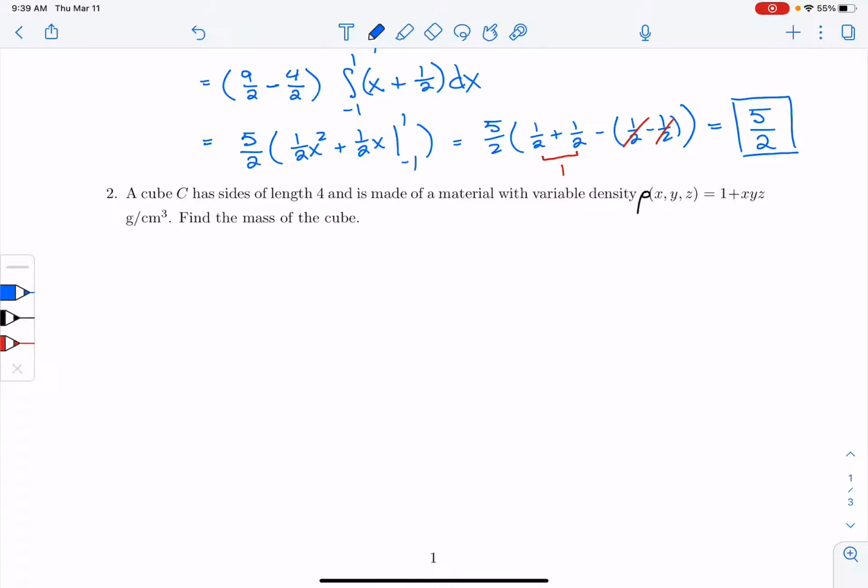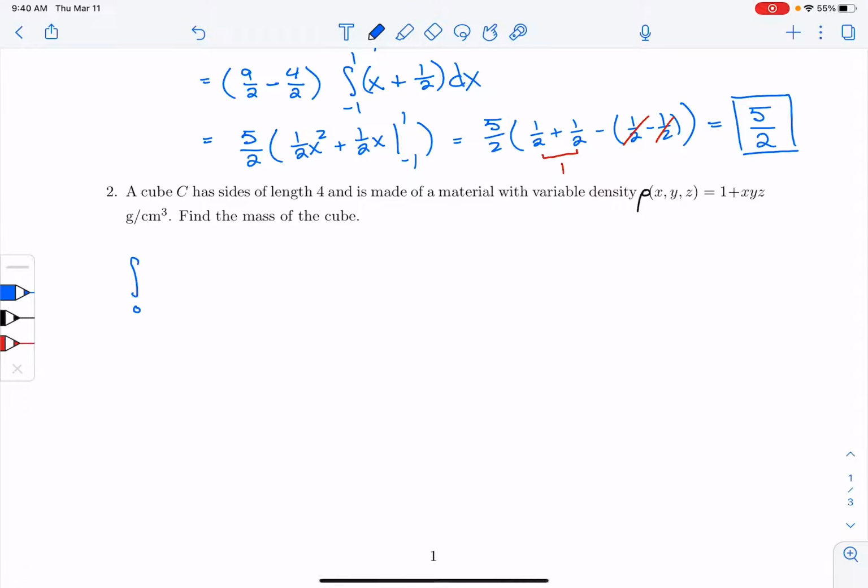So this cube has a side length of 4, so we're going to integrate from 0 to 4 in each dimension. And we want to integrate the function, which is the density, 1 plus x, y, z, dx, dy, dz, for example. We can put those in any order we want.